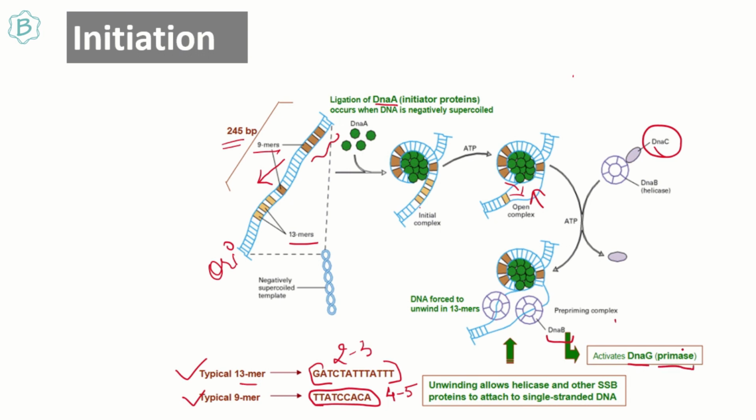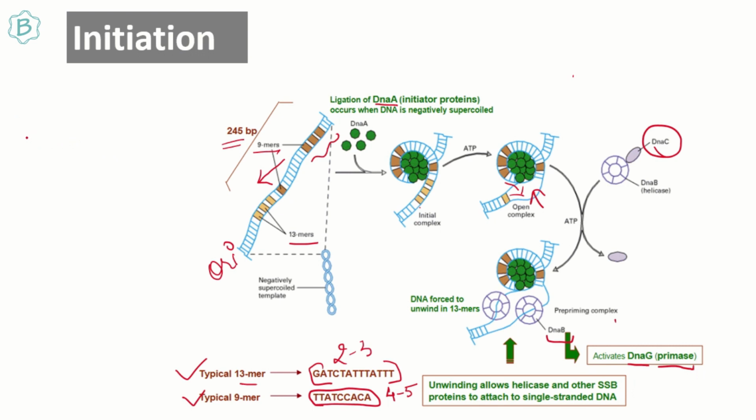Now what the primase will do is start the addition of RNA primer onto the strands, the leading and the lagging strand. So this is how the initiation will occur, and you will also see that as the DNA strands are exposed and unwinding is happening, the SSB proteins are going to bind at the single-stranded DNA.